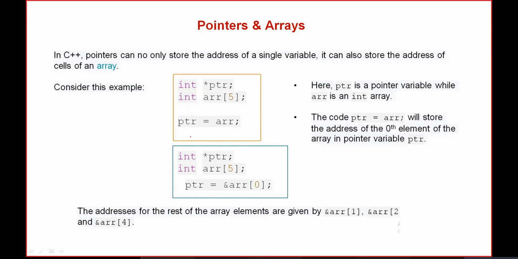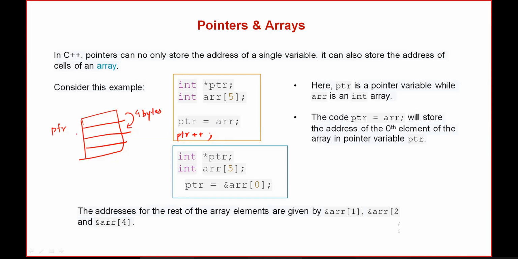Now what happens is if we say ptr is pointing to the 0th index, if we start incrementing ptr by 1, obviously it will go ahead by how many bytes? Since it is an integer pointer, it will go ahead by 4 bytes.